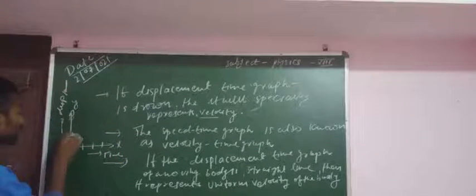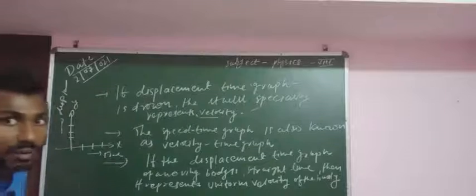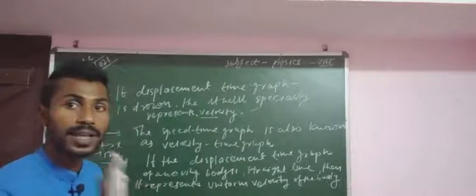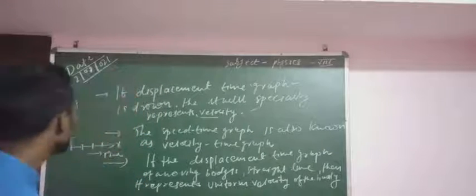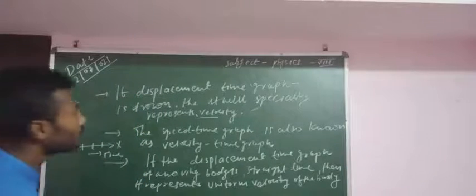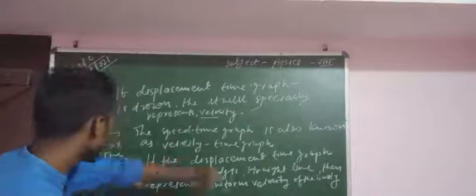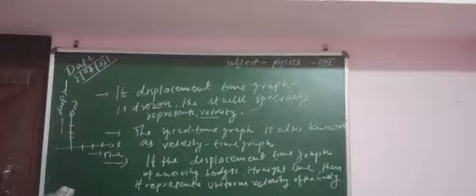If a body covers equal displacement in equal intervals of time, then we can say that the body has uniform velocity.